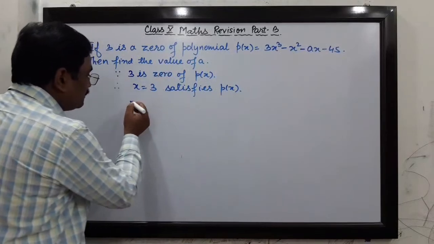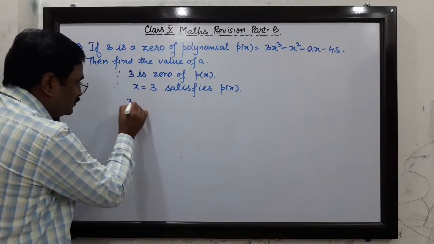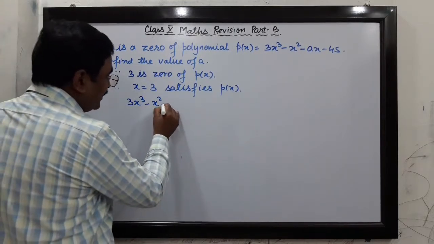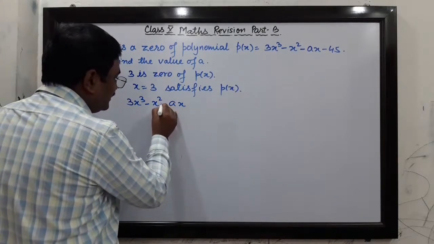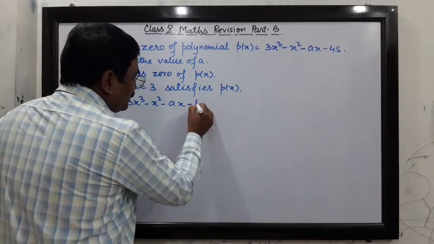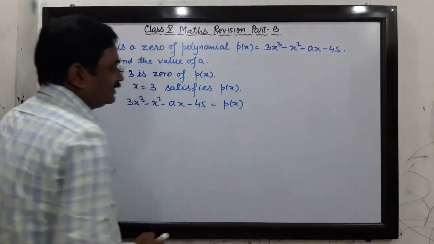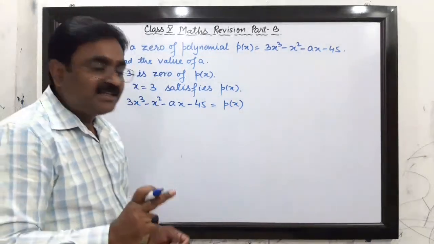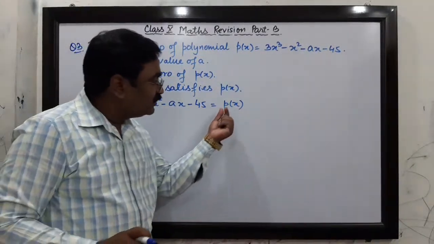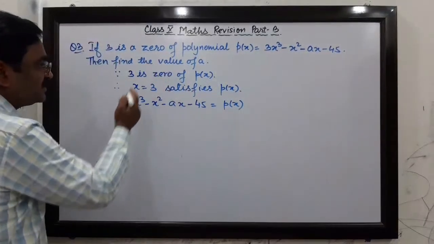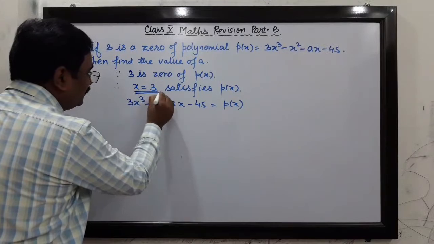So since p of x equals 3x cube minus x square minus ax minus 45, this is the value of our polynomial. ठीक है, जब हम x की वैल्यू 3 इसमें सब्स्टिट्यूट करेंगे तो इस p of x की वैल्यू क्या हो जाएगी, 0 हो जाएगी. So let us substitute x equals 3 over here.